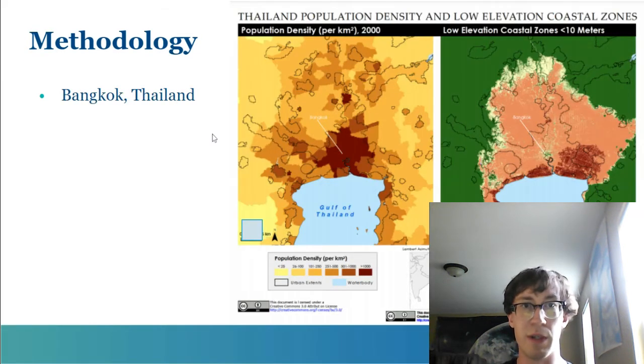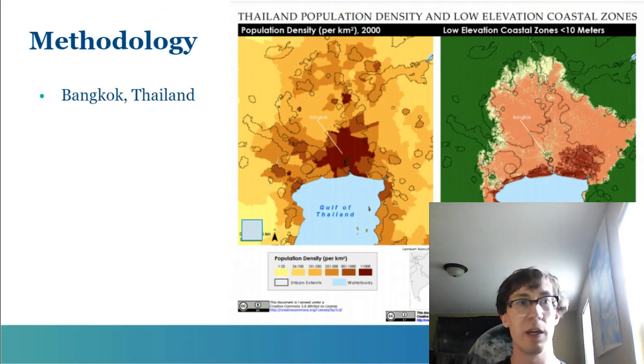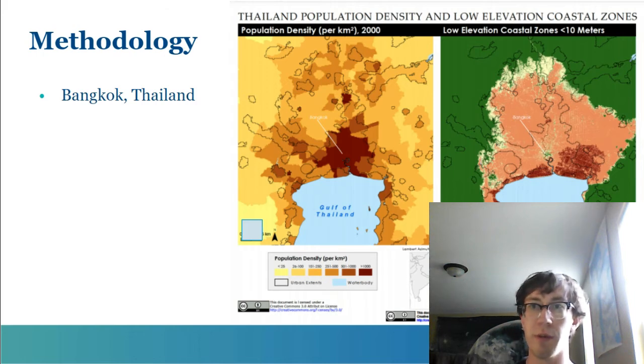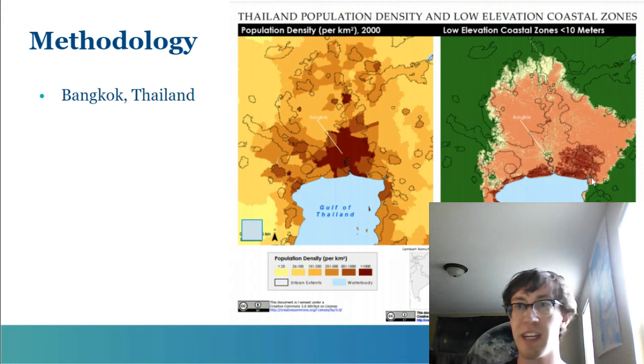Similarly, I did this for Bangkok, Thailand, made a 25 square kilometer block. Found the low elevation coastal zones, which I just did for the 0 to 3 meters because, as you'll see, none of my calculations predicted anything higher than 0 to 3 meters. So I did that along these regions. I didn't always use just a square block.